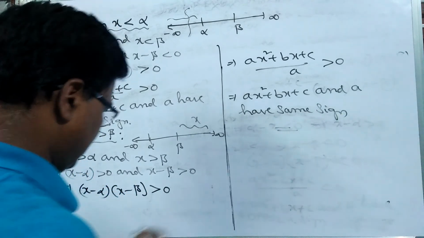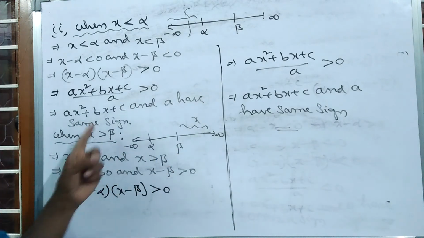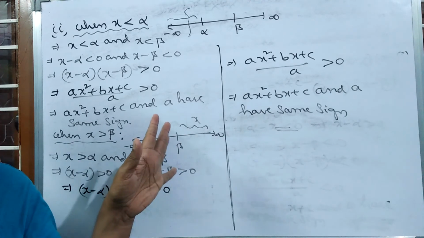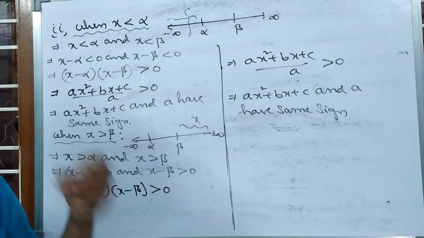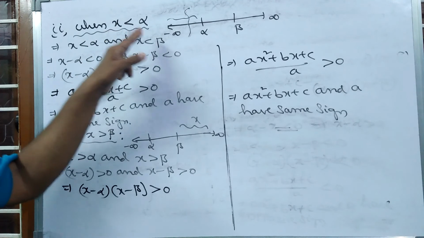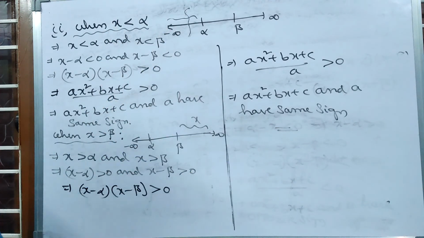Try to remember, whenever delta is less than 0, there arises only one case: a and ax square plus bx plus c will have the same sign. If delta is greater than 0, two cases arise. First you need to find the roots alpha and beta. If x lies between alpha and beta, then a and ax square plus bx plus c will have opposite signs.